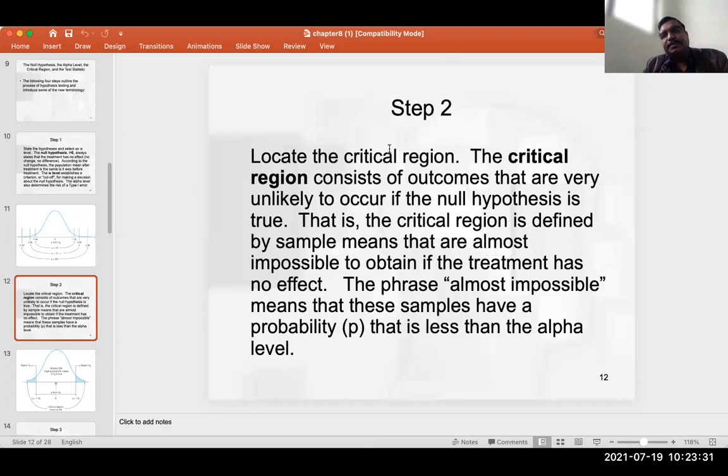So second step is locate the critical region. What is the critical region? In which if the sample mean, sample average is falling, we are going to reject the null hypothesis. Critical region consists of the outcomes that are very unlikely to occur. Why?